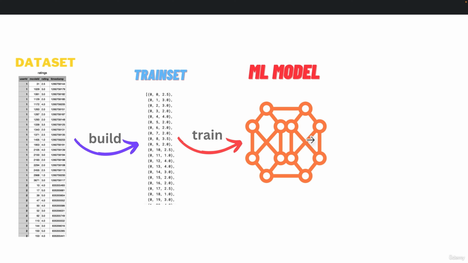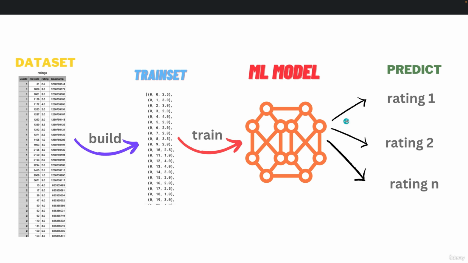And then once we train the model, then we can predict. Predicting means providing the model with a user ID and a movie, and then we can get out the predicted rating that user would give to that movie. So we can do that as many times as we want for several movies, for several users. So that's why we need to build a model.